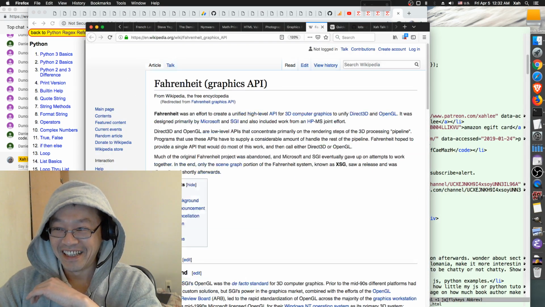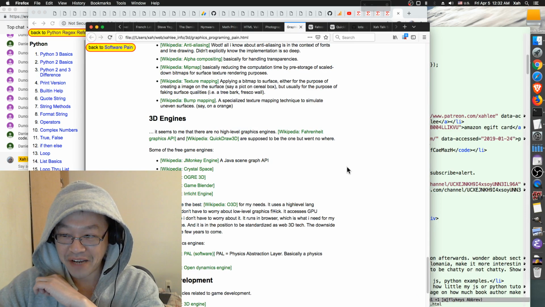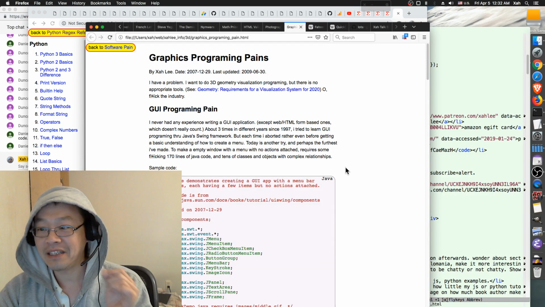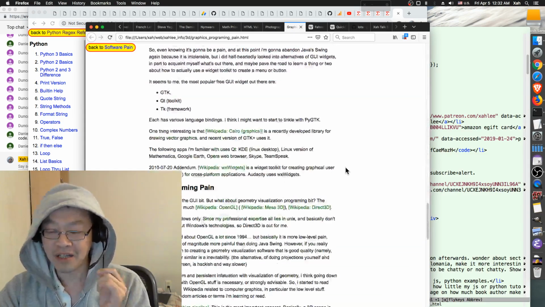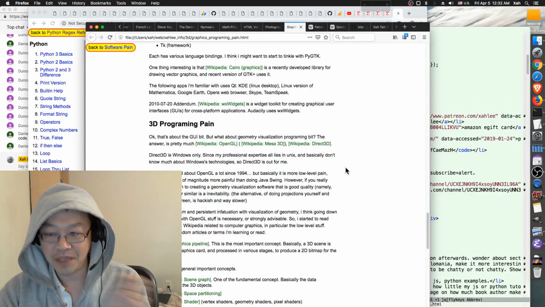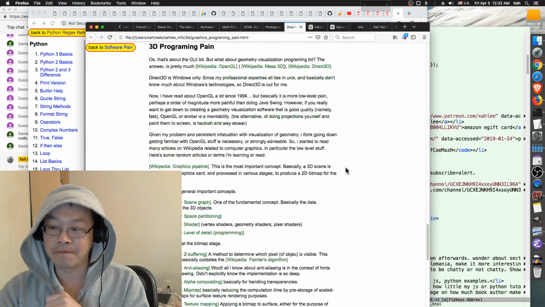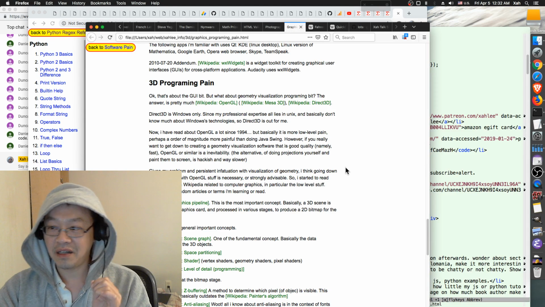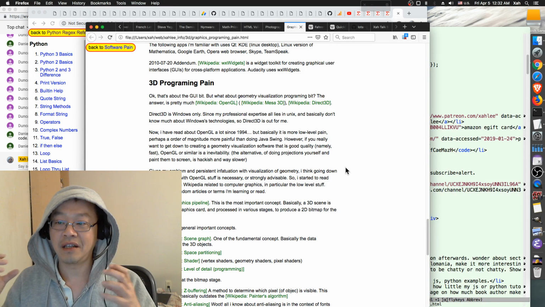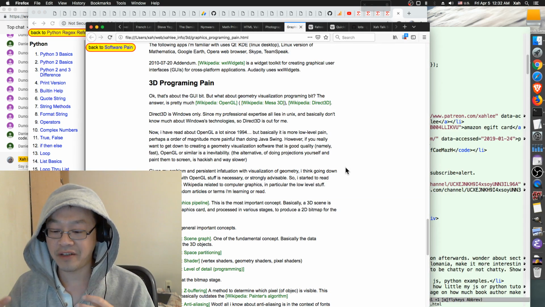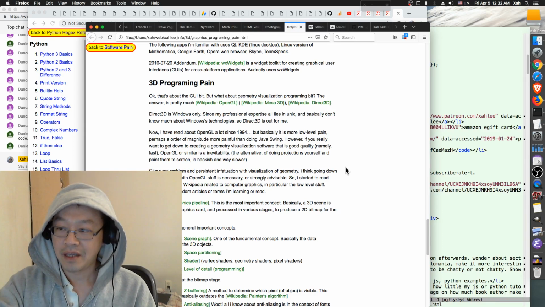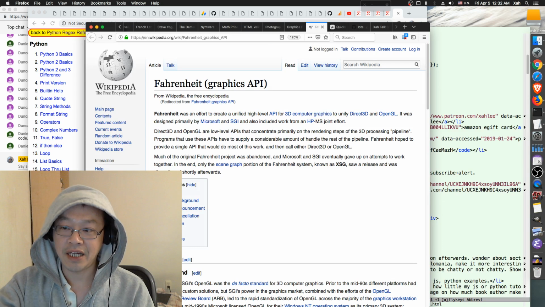So I was talking about graphics programming, and about how idiotic the OpenGL technology is. There was an effort to create a 3D graphics API that's actually the way I like, which is Fahrenheit.